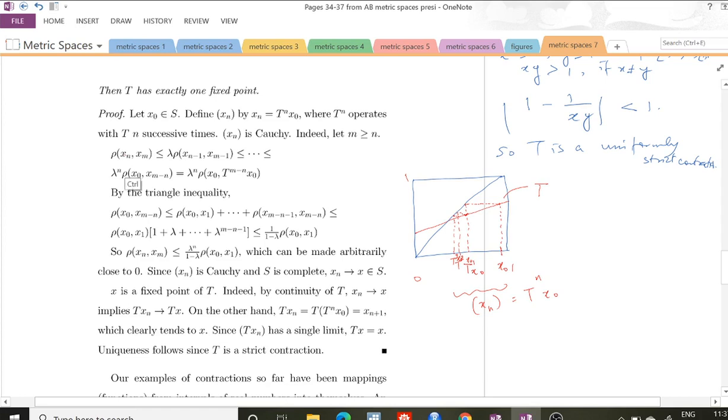So suppose I assess the distance between xn and xm, okay? xn, n hops from x naught, xm, m hops, okay? And suppose m is greater than or equal to n, okay?